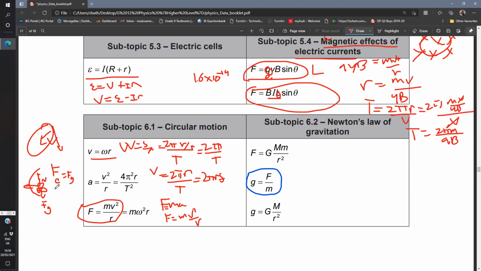So y is just equal to Fn, yeah, it's equal to mg in terms of y.